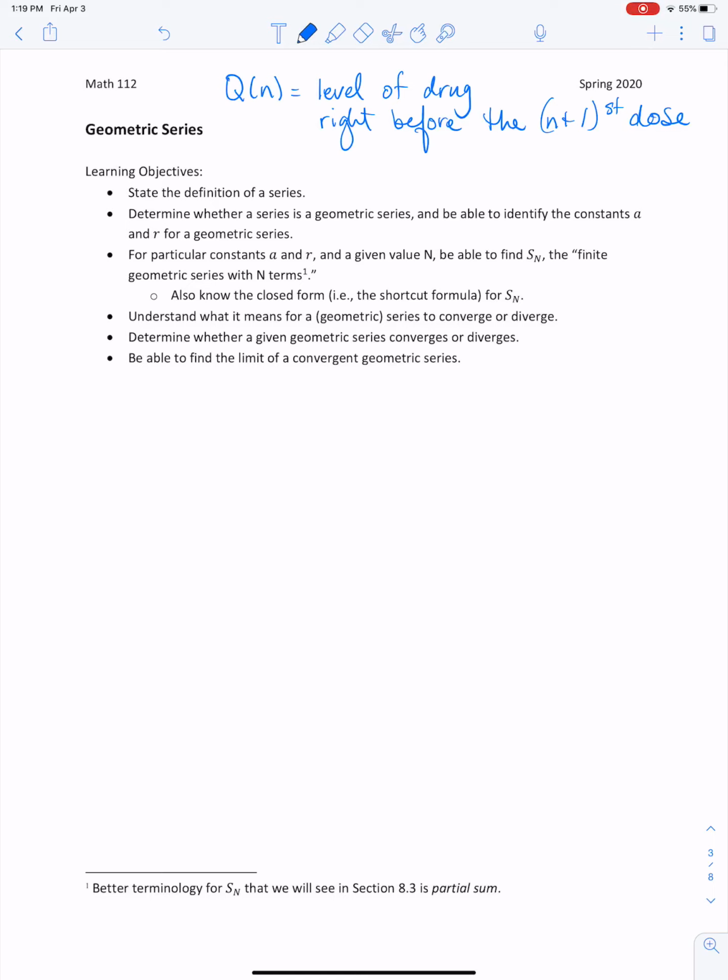So what you found was that, in fact, Q of n was equal to this product, 5 times 0.08 times the sum 1 plus 0.08 plus 0.08 squared plus, and our last term was 0.08 to the n minus 1, right?